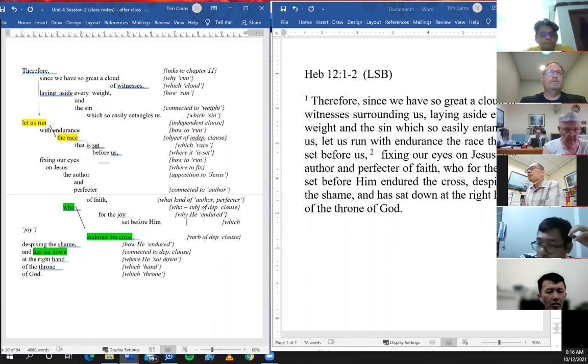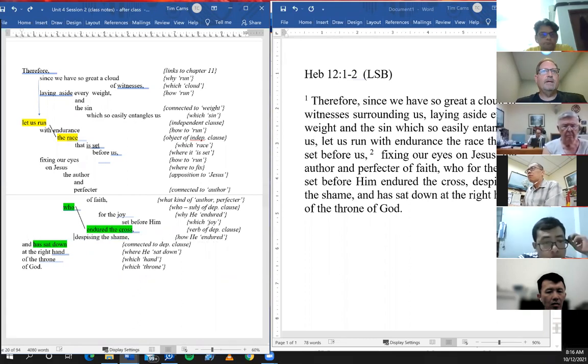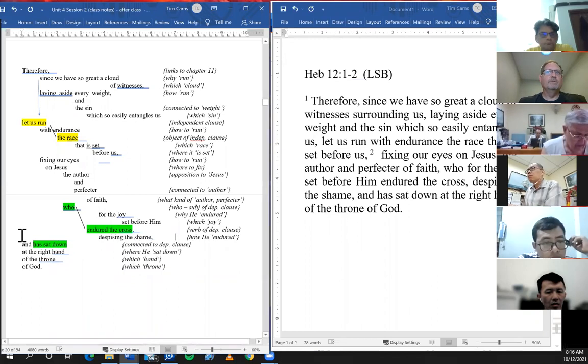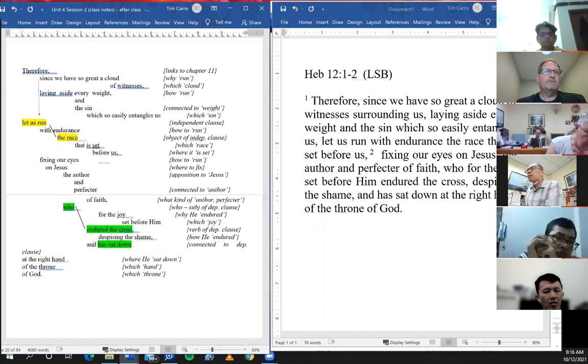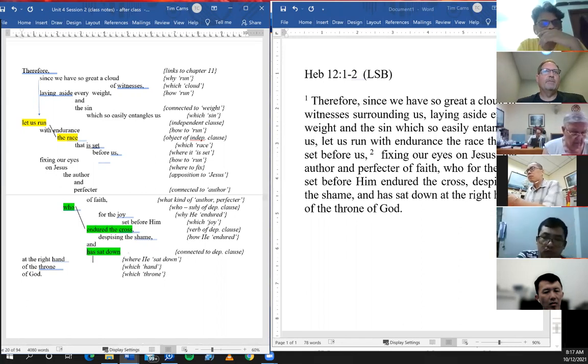So I'm going to put that under set. Who, again, who endured the cross, despising the shame. That too modifies endured because it's telling us how he endured. And then, and has sat down. That's my second dependent clause. So it's sharing the same subject, who has endured and who has sat down.